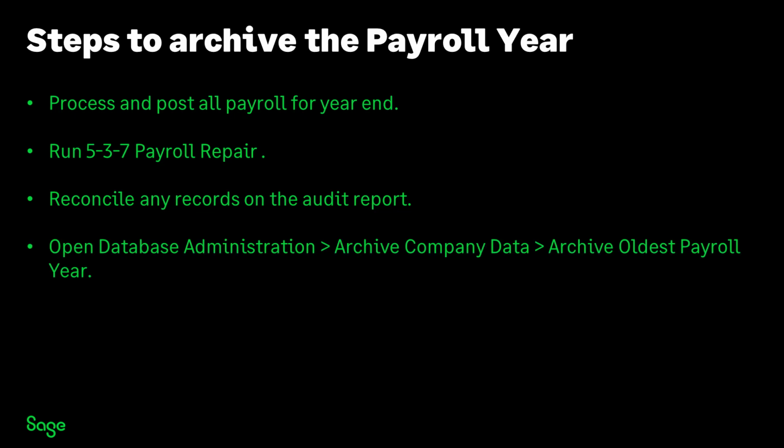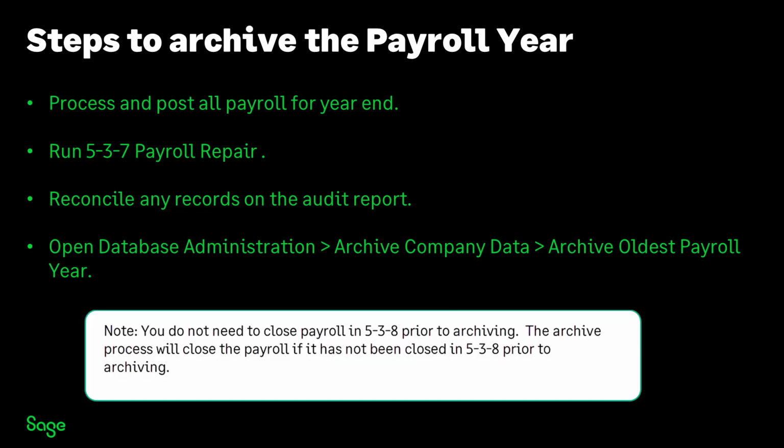Open Database Administration and archive your payroll. This removes the payroll records from your current company, but leaves the associated general ledger transactions. It is important to note you do not need to close payroll in 538 prior to archiving. Archiving will close payroll during the archive process if needed.